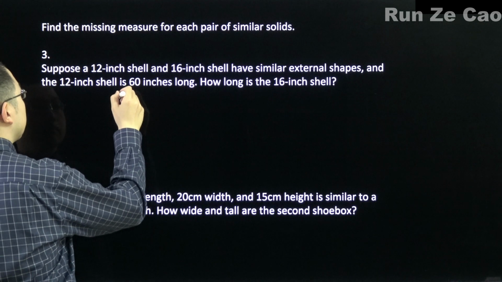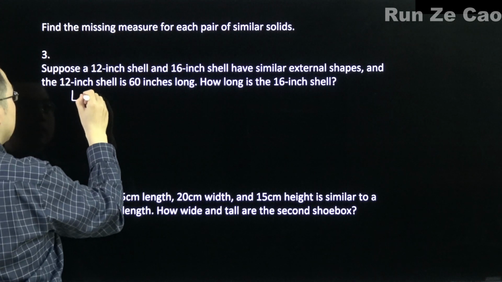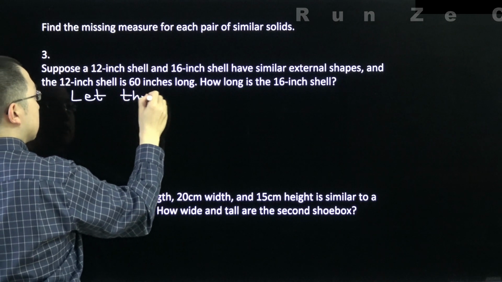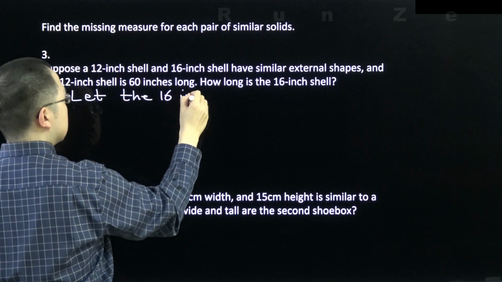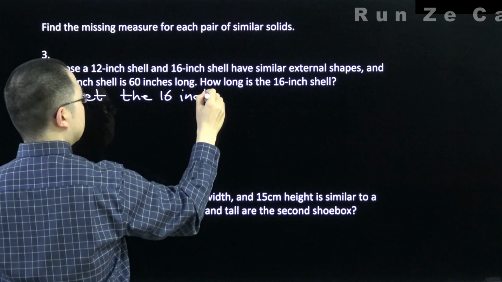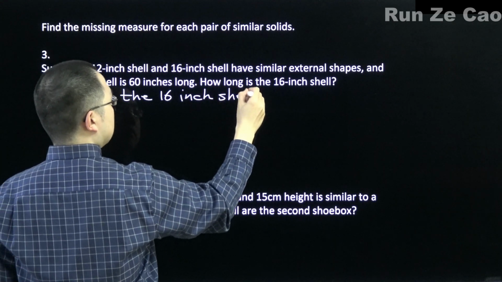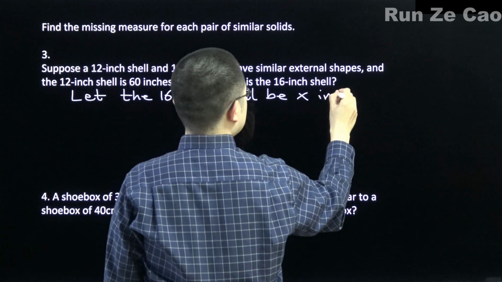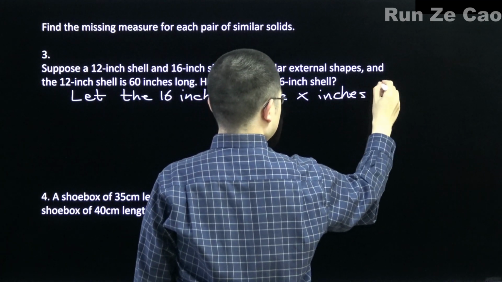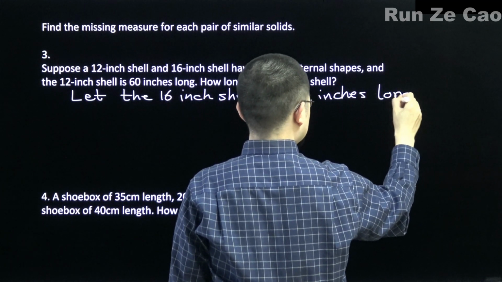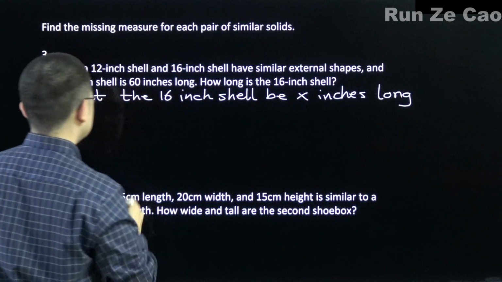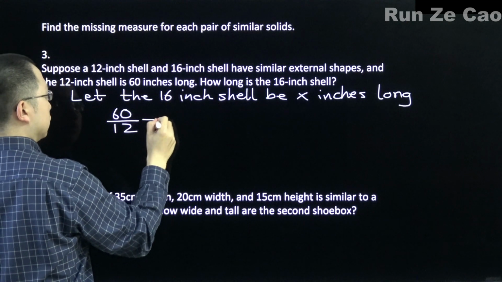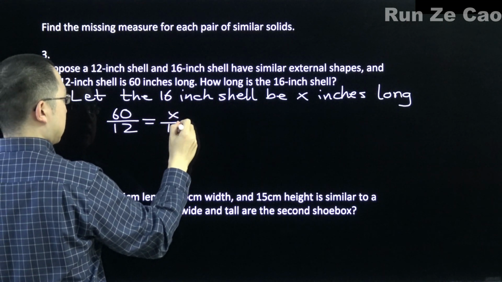So, let the 16-inch shell be X inches long. 60 over 12 is equal to X over 16.